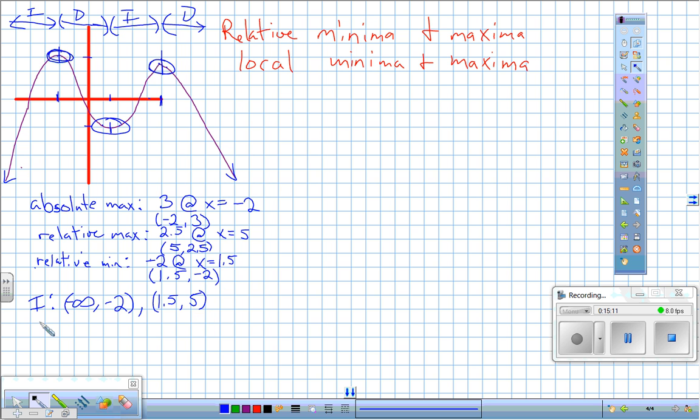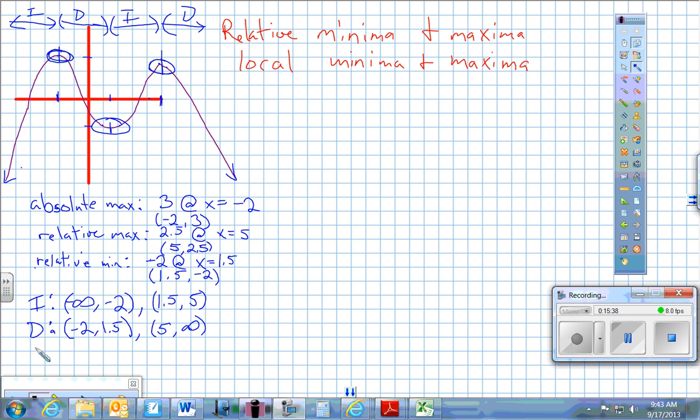Have to count there. It's decreasing from -2 to 1.5. And then it's also decreasing from 5 to negative or positive infinity at this point. Okay, because that's this guy right here.